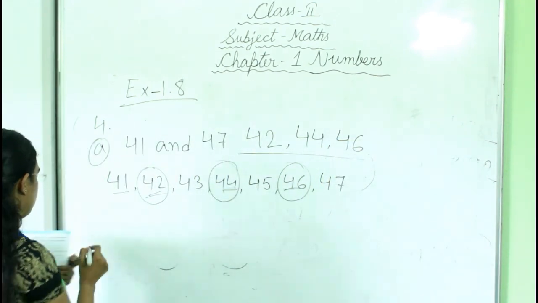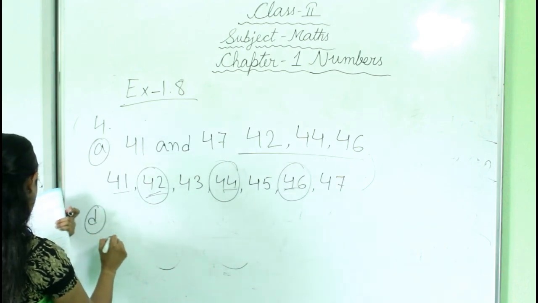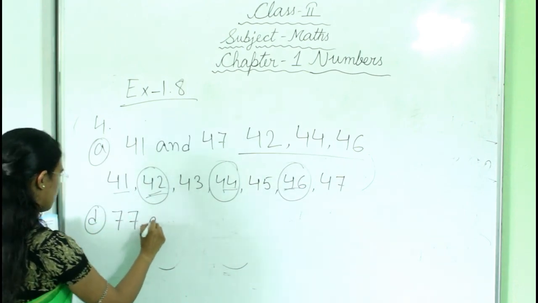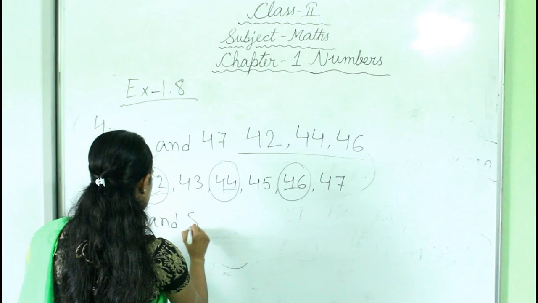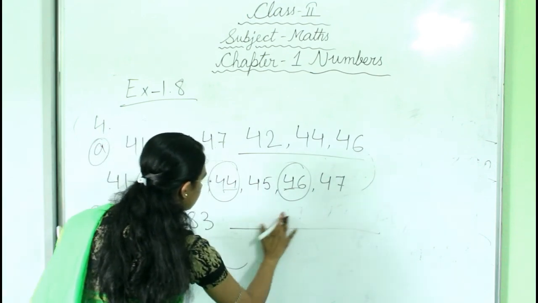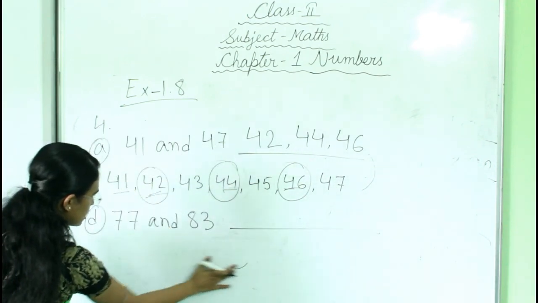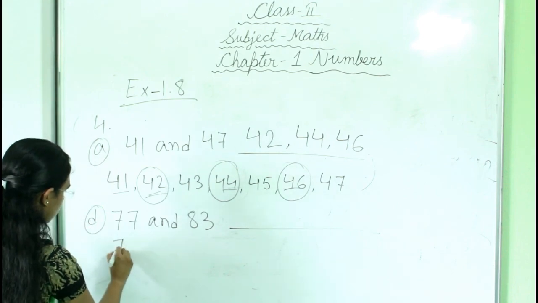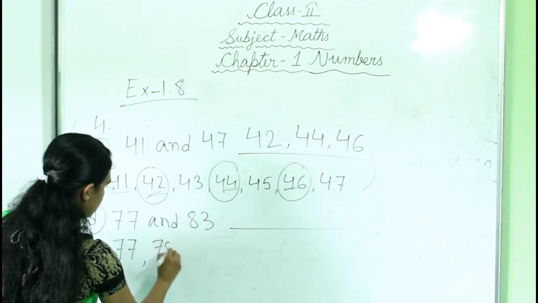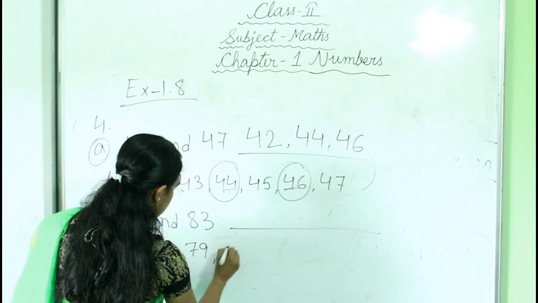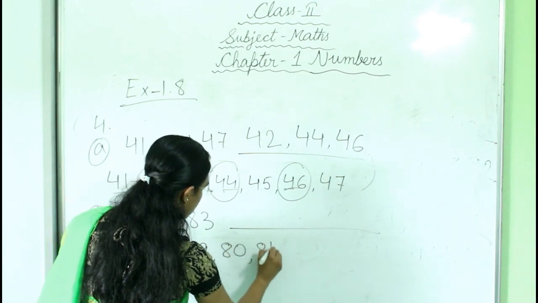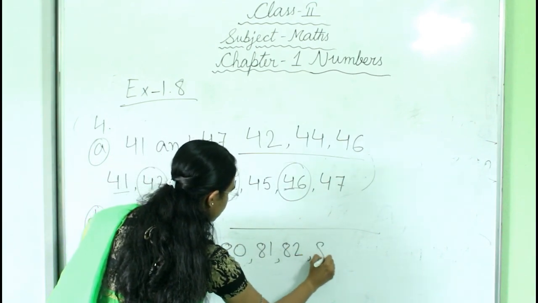Now the last question is 77 and 83. We have to find out the even numbers. So from 77 we have to start counting. 77, 78, 79, 80, 81, 82, 83.